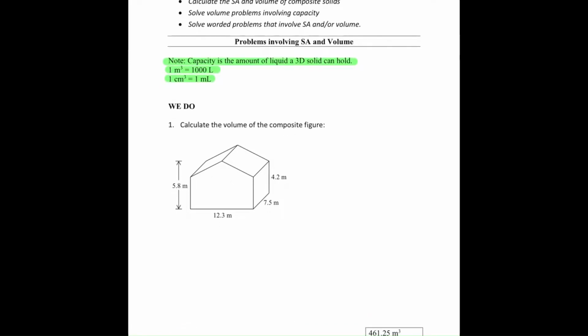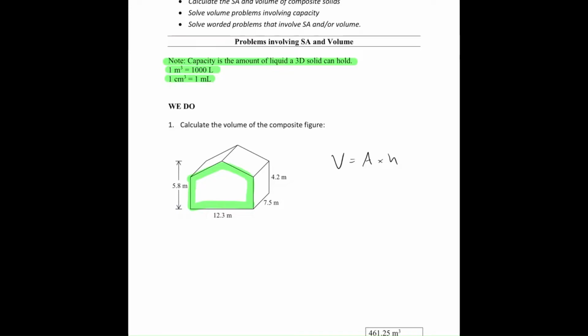We have a formula for volume that says volume equals area times height. So we're going to find this entire area the exact same way we would in a regular prism.